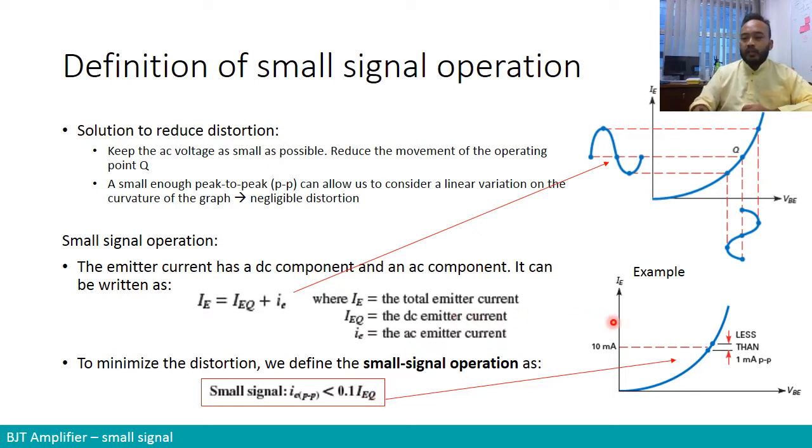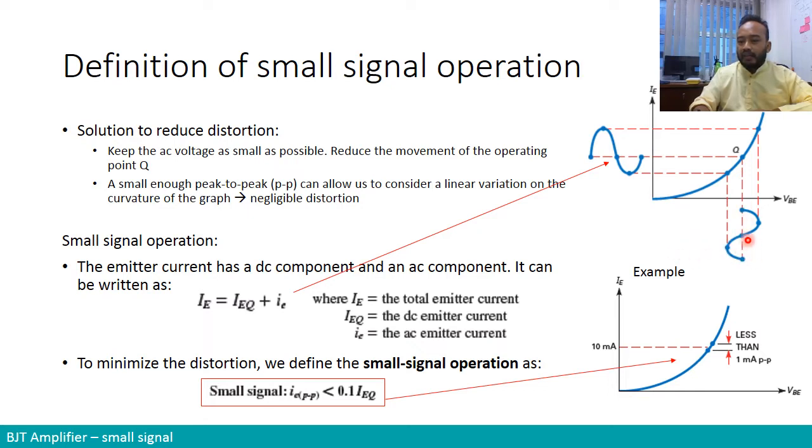Okay, let me explain. So we know just now that we have this point Q that is defined by the DC component, right? And then we have the AC component. A small signal operation is basically conditioned by the peak-to-peak current. So this range over here needs to be 10 times smaller than the value of this DC current.